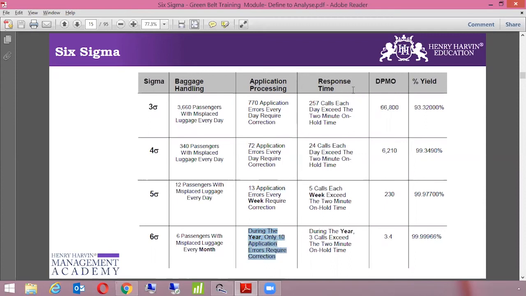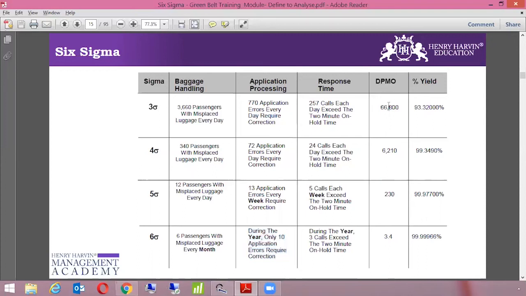Another example is response time, where 257 calls each day exceed the 2-minute on hold time. At 4 Sigma, it's 24 calls each day. At 5 Sigma, 5 calls each week exceed the 2-minute on hold time. And when the process reaches 6 Sigma, during the year, only 3 calls exceed the 2-minute on hold time.